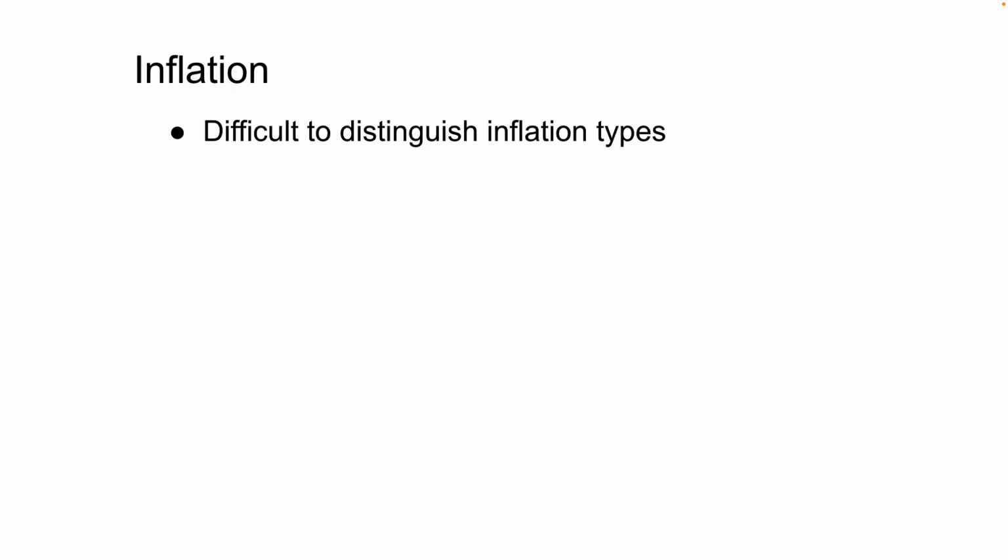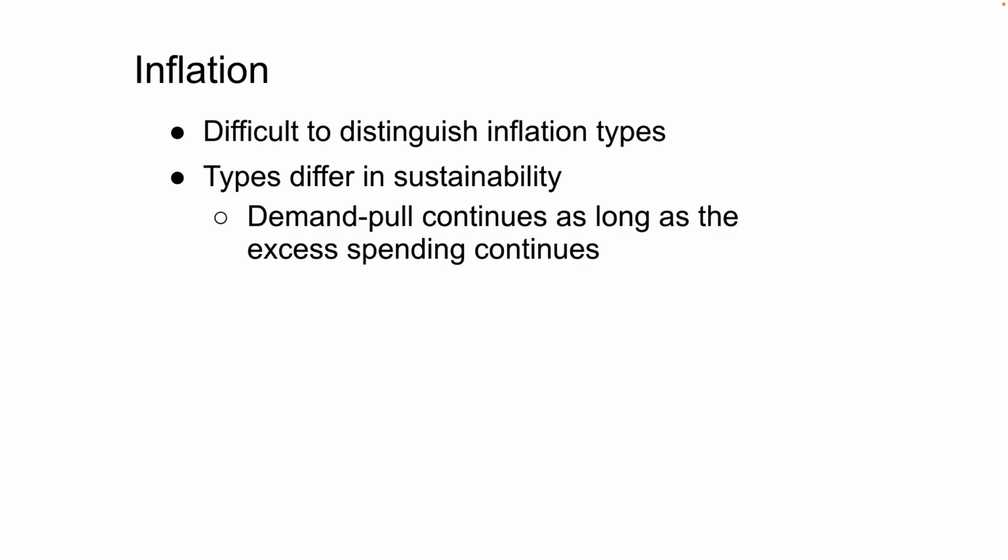Now, I will say that it's quite difficult to distinguish which type of inflation we're experiencing when we're in it. This is kind of a hindsight is 2020 experience. But as I mentioned, the types do differ in sustainability. Demand pull will continue as long as spending continues, and that's what we feel like we've been seeing, even as the Federal Reserve has been pushing up interest rates pretty aggressively.